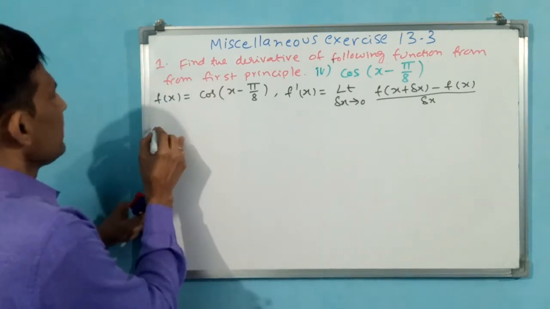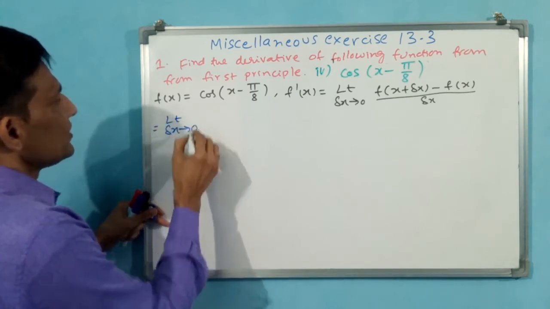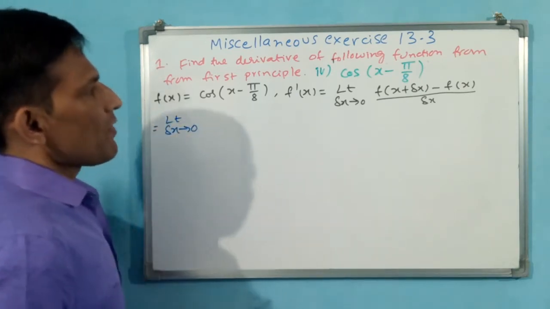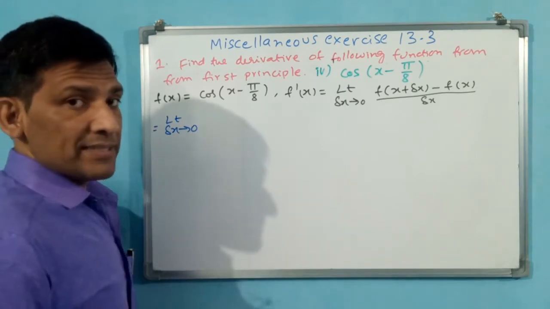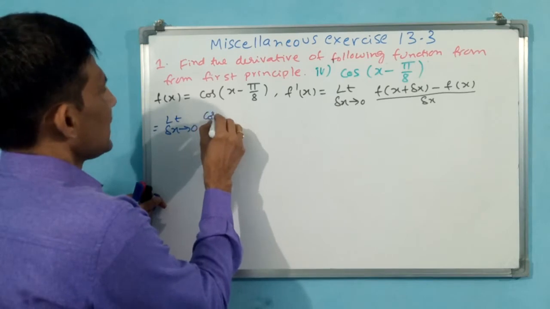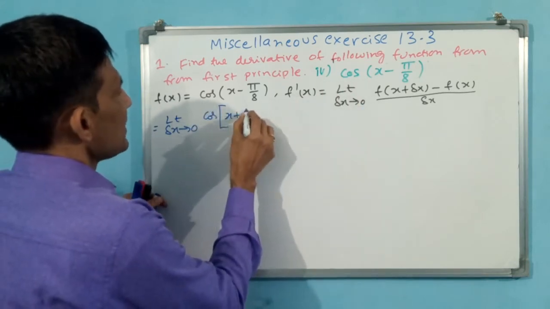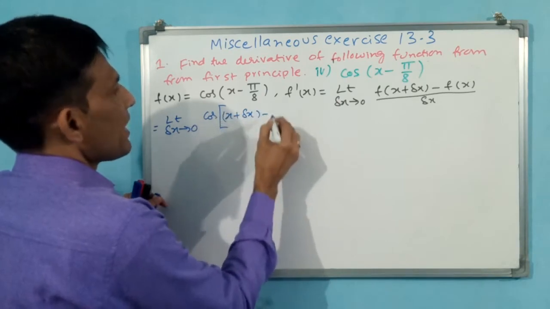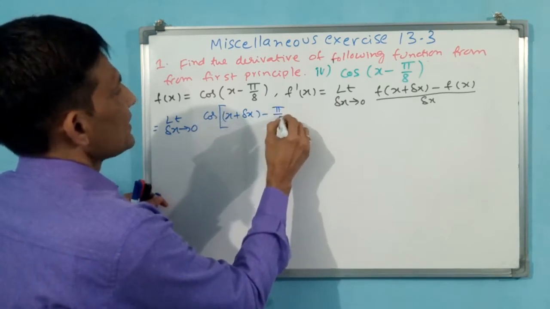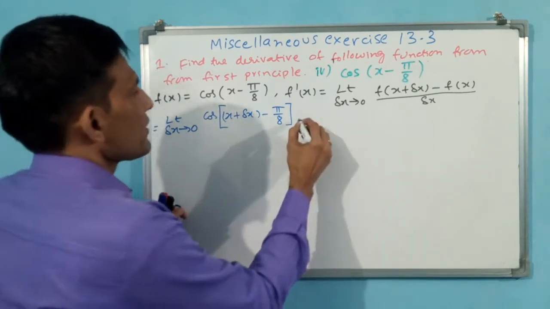That is equal to limit delta x tends to 0. f of x plus delta x means, see, where x is there only you have to write delta x, carefully. Cos, you see what I am writing: x means you write here x plus delta x minus pi by 8. Like this you have to write carefully.